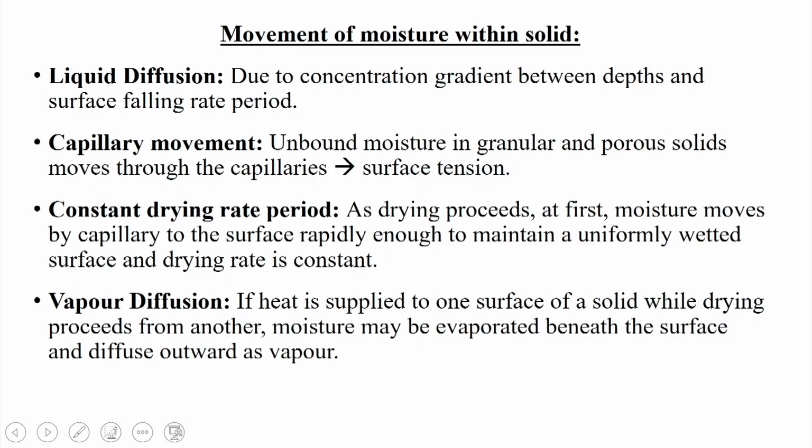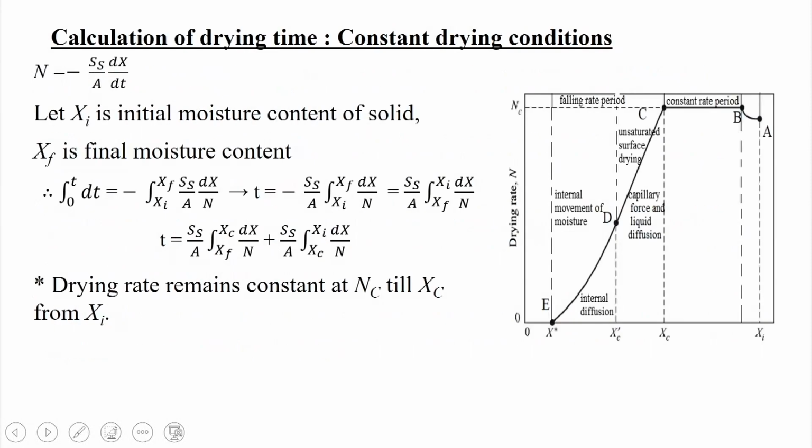Another one is vapor diffusion. If heat is supplied to one surface of a solid while drying proceeds from the other, like in a tray, where we supply heat from the bottom and drying takes place from the top, then moisture may be evaporated beneath the surface and diffuse outward as vapor. These are the movements of moisture within the solid.